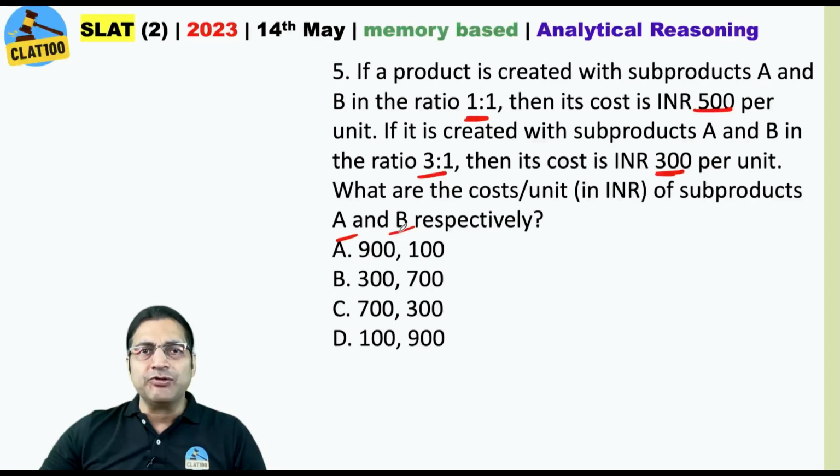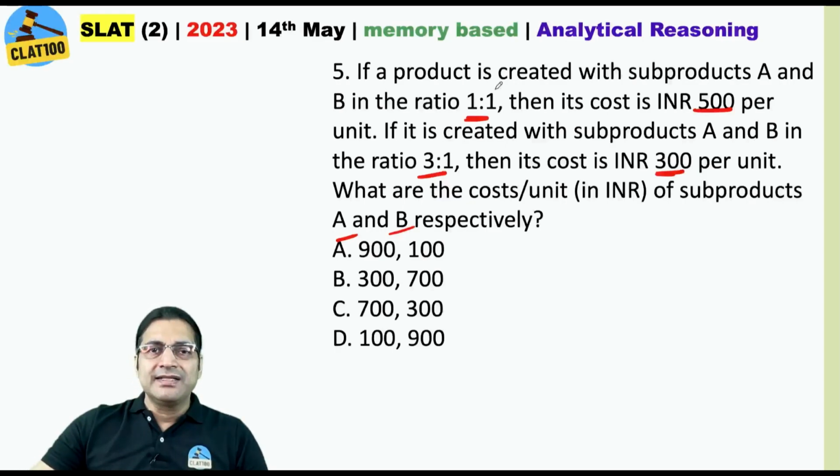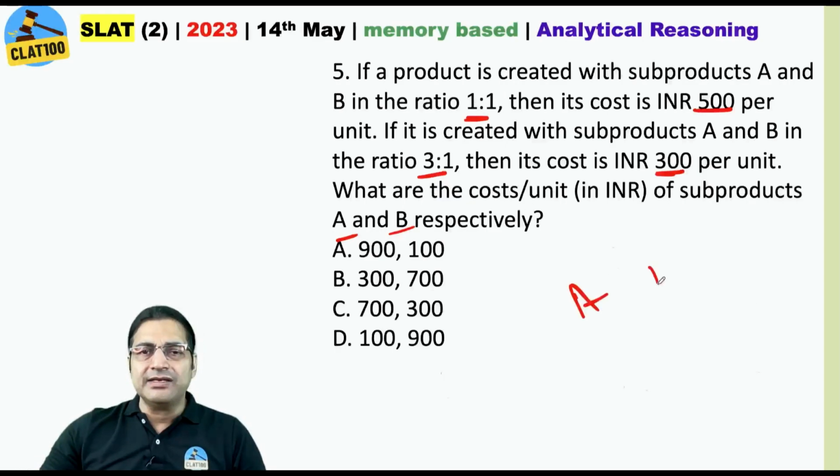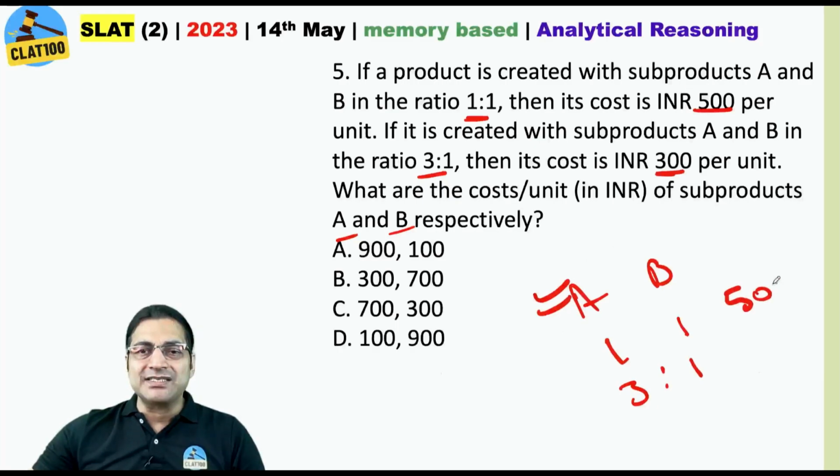The first thing that you need to notice here is that initially A is to B is 1:1. Subsequently, it becomes 3:1. So, the proportion of A increases, and when proportion of A increases, the price decreases. Okay. I repeat, when the proportion of A increases, the price decreases.